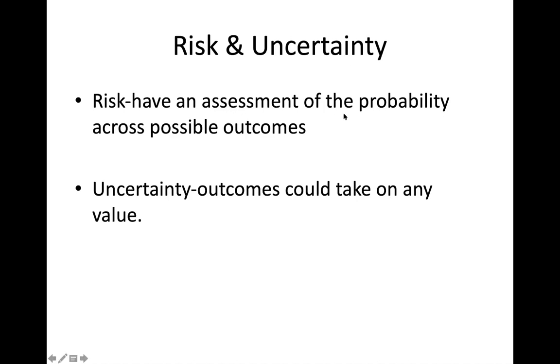But in this class, we're mostly going to be dealing with risk because risk has certain probabilities associated with the various outcomes. And if we have that, then we can actually do some computations to figure out what's the best option. So that's really what we're talking about in general.